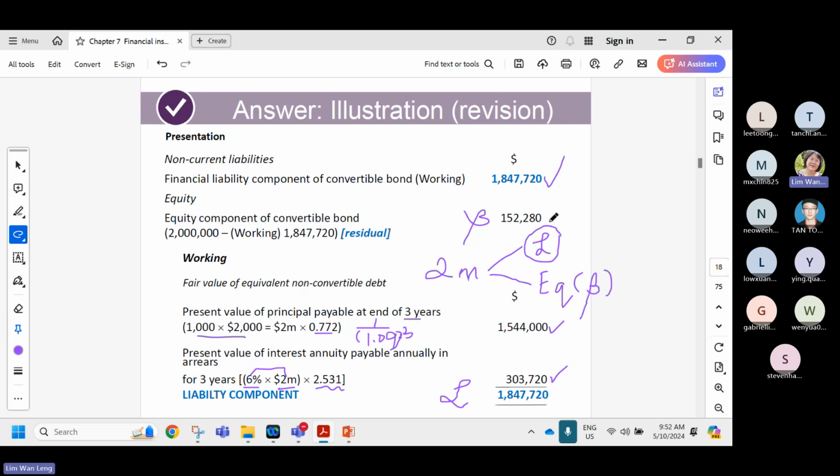Okay, once you have established this, what will be your journal entry? You debit bank or cash, because you are going to receive cash, 2 million.